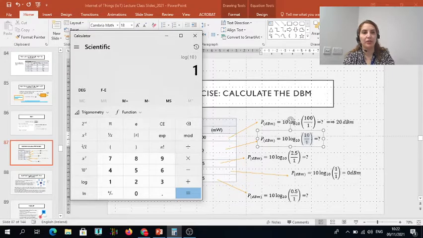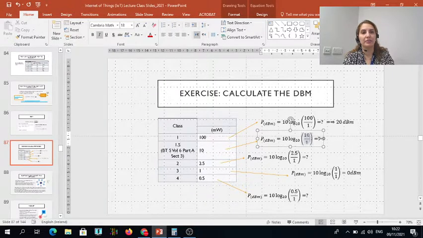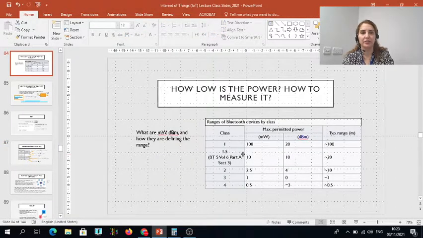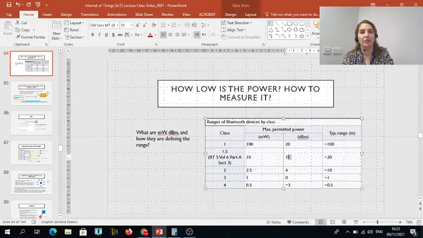That will be 1, and 1 will be multiplied by 10, and that will give me the answer 10. Let's go back to the table and confirm that. Yeah, so class 1.5 is giving me 10 dBm, and that is relevant to approximately 20 meter range.